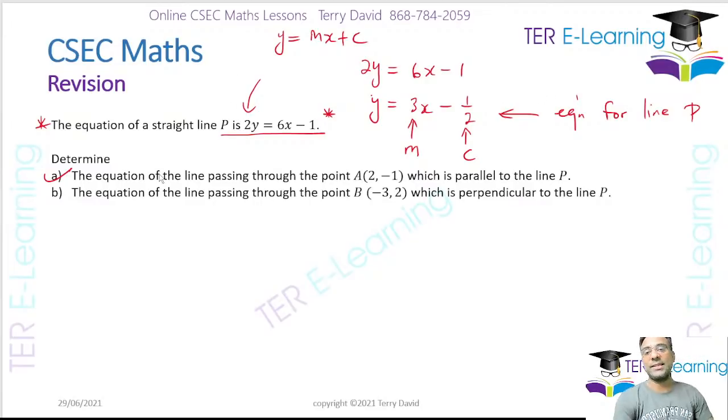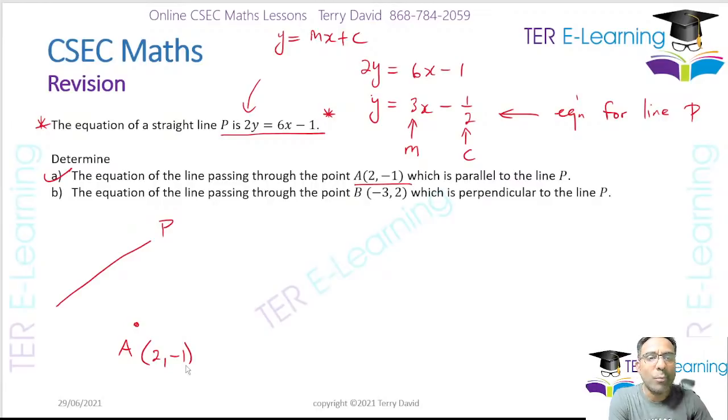Now, here's what the question is saying. We're doing part E. You have a line P, and you want to find the equation of a line passing through the point (2, -1). So let's say we have some point here, and I'm just putting this as a label. This point is (2, -1). Let's use a different color to show what I'm doing.